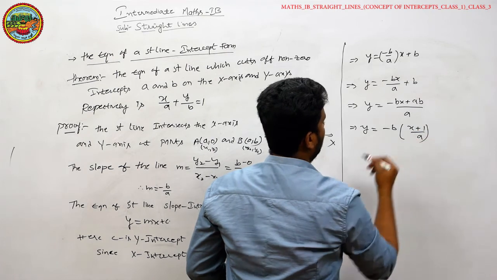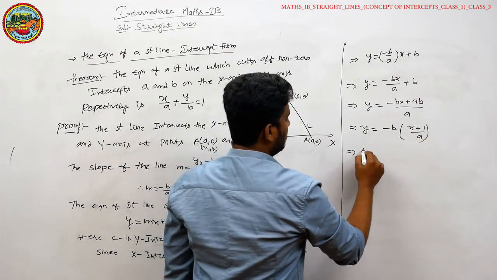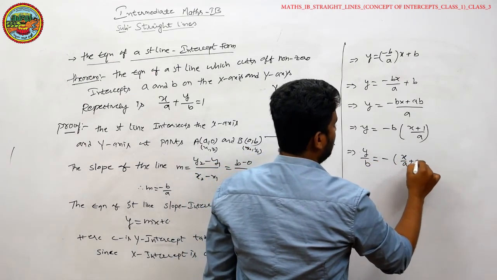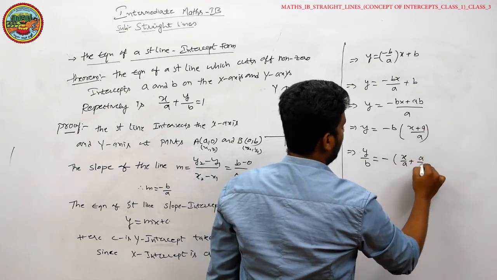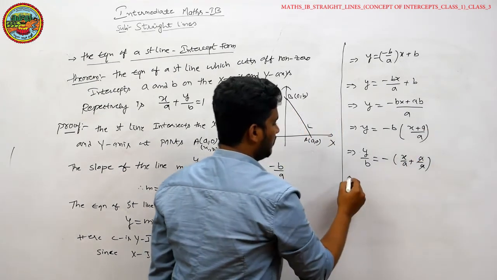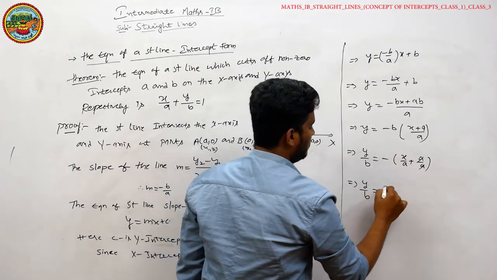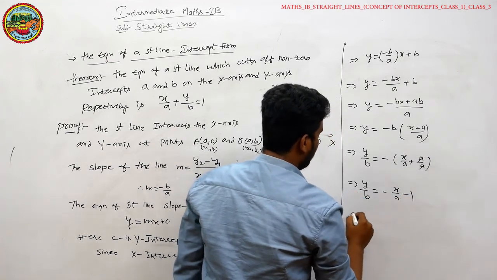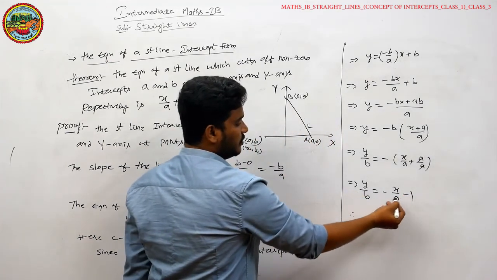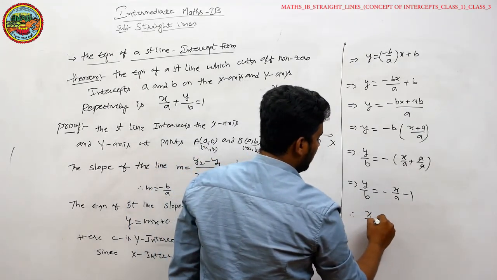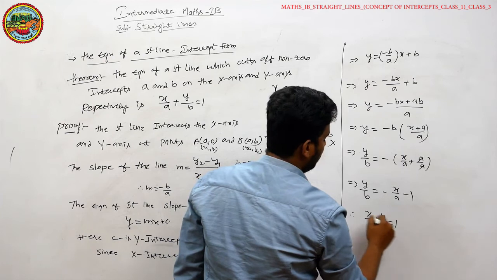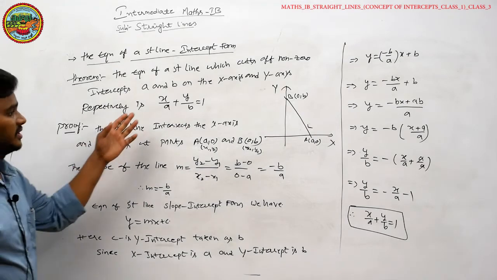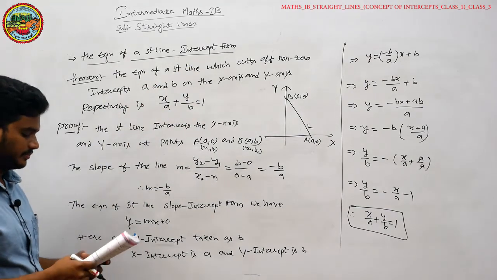So which means y by b is equal to minus of x by a plus a by a. Here a is cancelled, we get 1. So which implies y by b is equal to minus of x by a plus 1. So therefore, by taking these values this side, we get x by a plus y by b is equal to 1, which is the required equation of a straight line using slope intercept form.